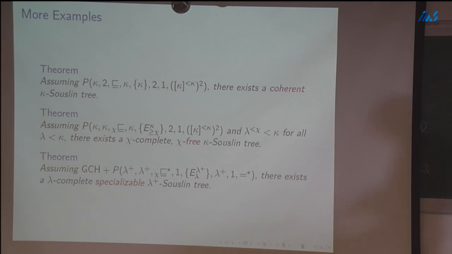And before, I mentioned a non-specializable tree, in the sense that it couldn't be specialized unless you collapse cardinals. Well, with a different variation on the parameters, and assuming GCH, we can get a lambda plus Souslin tree that is specializable, meaning specializable with an extension that doesn't change the cardinal structure, preserving cardinals and cofinalities.